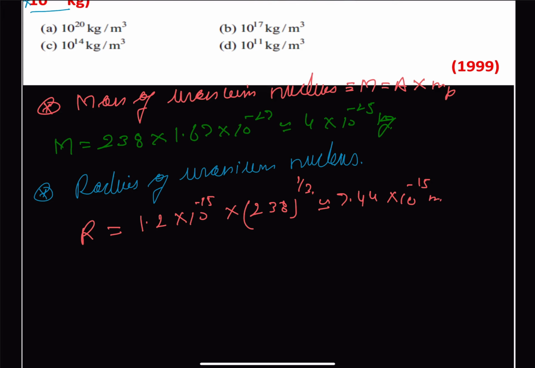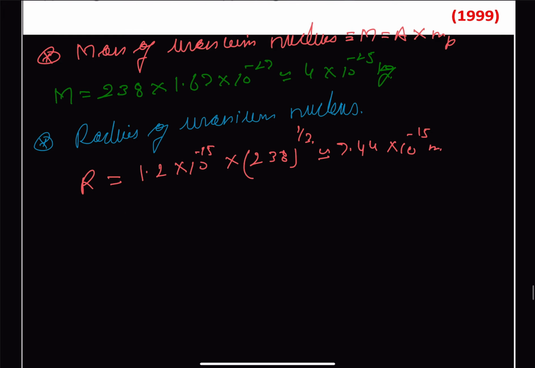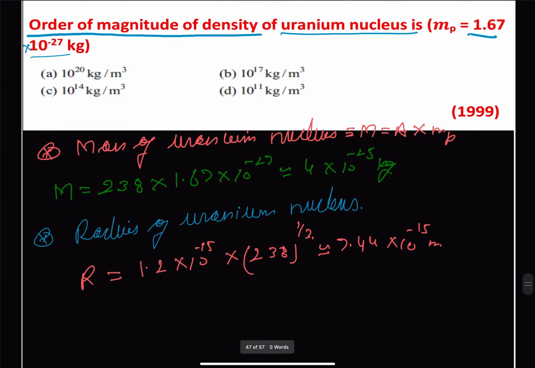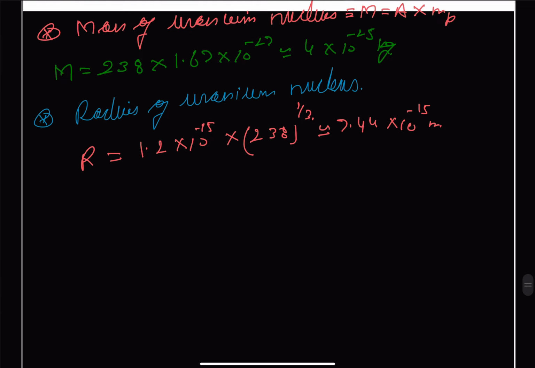Now we can find out the volume, and from there we are going to find out its density. So volume V is equal to 4 by 3 pi r cube, which gives us 4 by 3 pi times 7.44 into 10 to the power minus 15 whole cube.